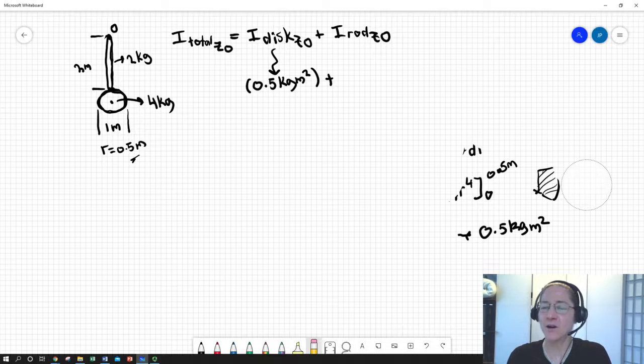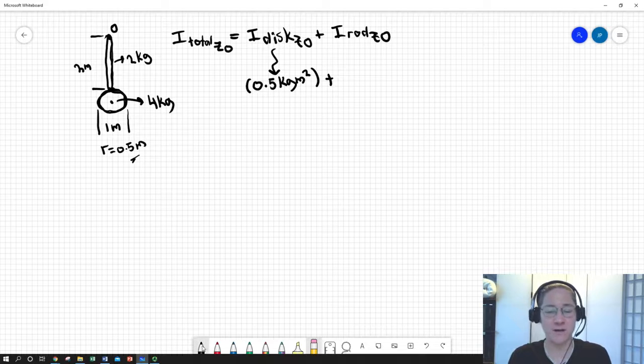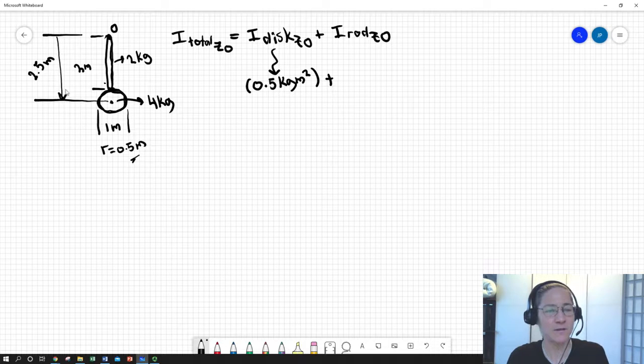I need to know what its moment of inertia is about point O, not just about its own center of mass. So here I'm going to invoke the parallel axis theorem, and I'm going to look at what is the radius from the center of mass of the plate, the disk, up to point O, which is 2 meters plus the radius of the disk. So that gives me 2.5 meters.